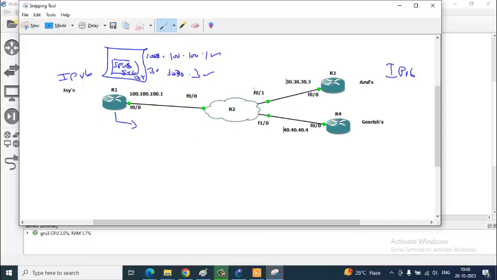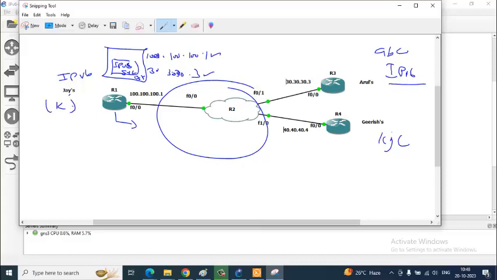See, these routers have no idea about this IPv6 network that you are going to have. Let's say you have ABC here. Here you have KJL. Here you have LKJ. These are all IPv6 networks.